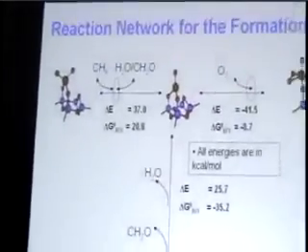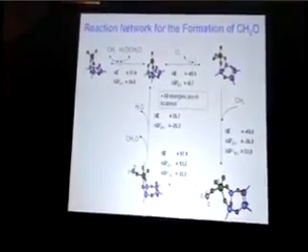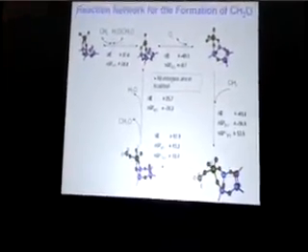So now you have adsorbed water, adsorbed formaldehyde, and those come off fairly easily, and you're back to the beginning of the cycle. And so the difficult part here, the one with the greatest free energy of activation, nearly 54 kilocalories per mole, is this step over here. So let's see how that comes together.